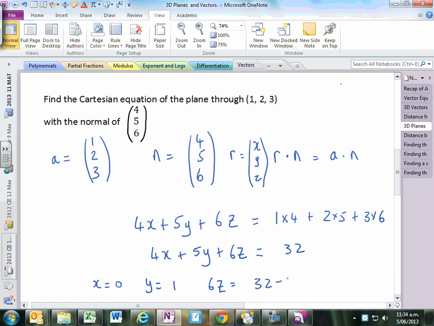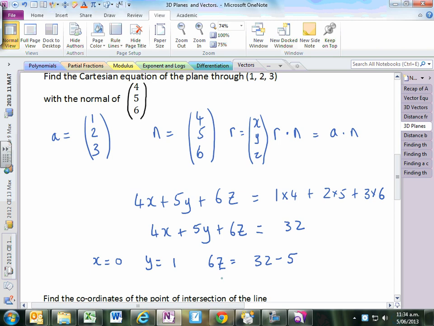So z will be 27 over 6, which is 9 over 2. That's another point that lies in the plane, because it will satisfy that equation for the plane.